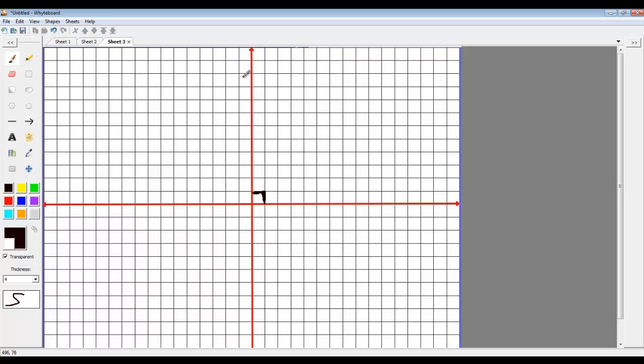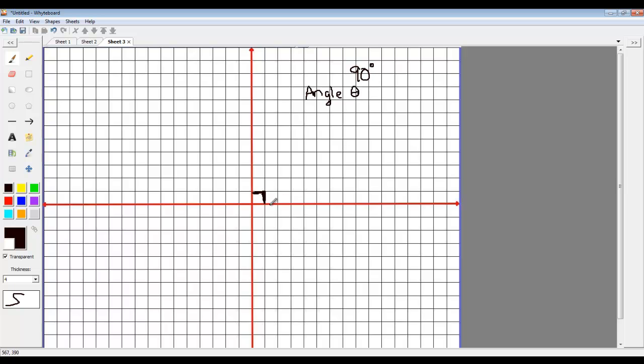Okay, so let's say you have a 90-degree angle, and you want to try to figure out what's happening there. Let's say you have an angle theta. It's in standard position.